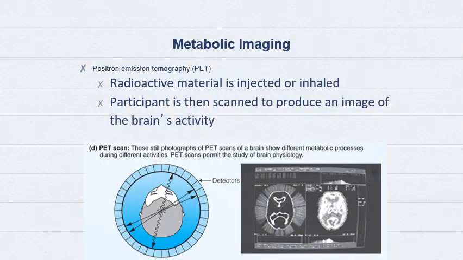Okay, metabolic imaging, ito yung nag-i-insert ng specific chemicals sa ating body, such as PET, no? Naglalagay ng radioactive material na ini-inject or ini-inhale. Tapos yun yung titignan ng ating technology. Participant is then scanned to produce an image of the brain's activity.